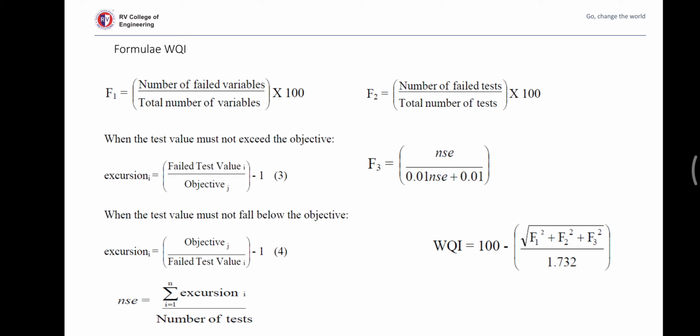If in the first 10 minutes it is failing by 3 units, in the next 10 minutes it may fail by 2 units. So we should calculate the average sum, so we are using the excursion. In excursion 1, we put the failed test value, if it's 3, and so on. Sequentially we'll run the test n number of times. It can be 10, it can be 20, so until we get a final value, we'll get F3.